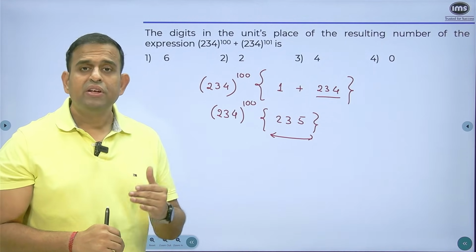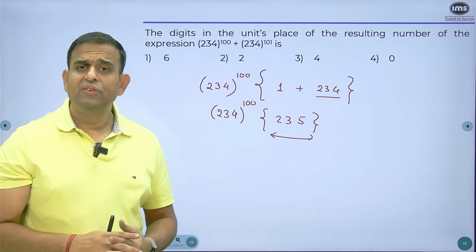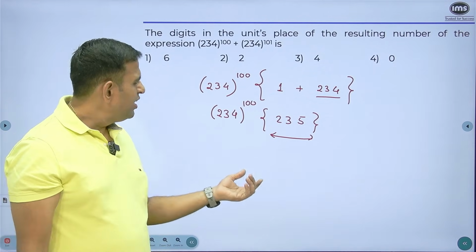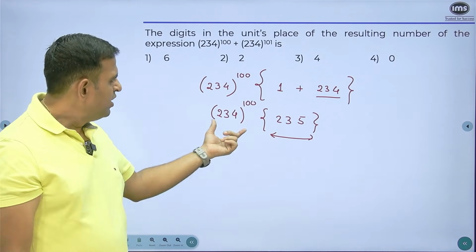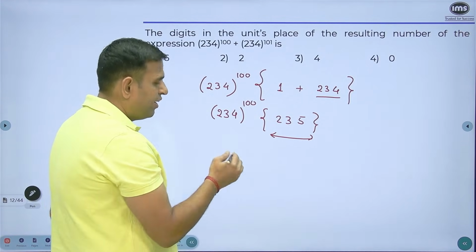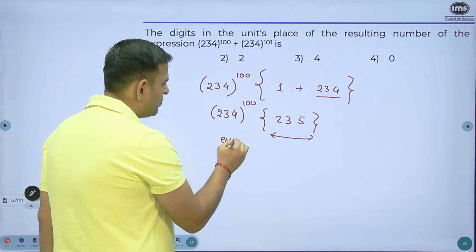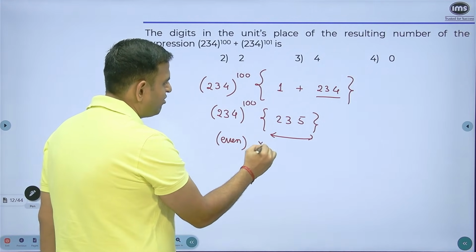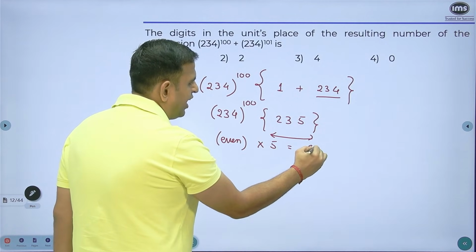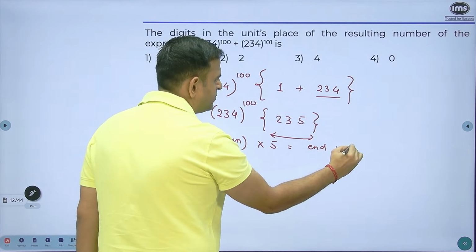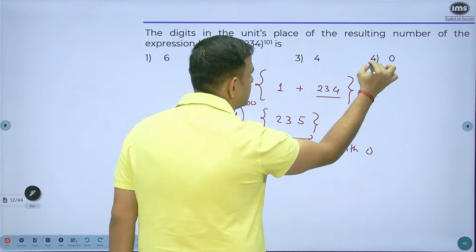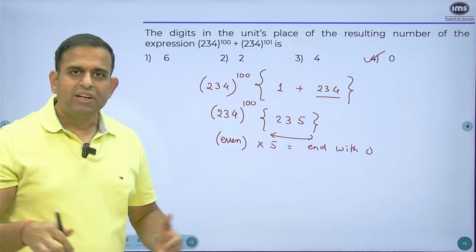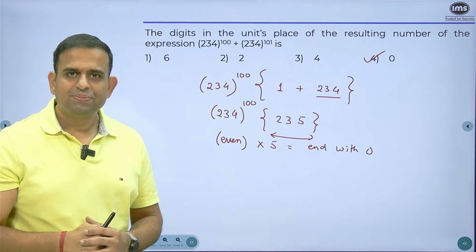Multiply the number 5 with an even quantity and the outcome will end with the number 0. So clearly this number is ending with a 5. The number 234 power 100 is simply going to be even. So even into a 5 is going to end with 0. Hence, option number 4 is the required answer for this simple question.